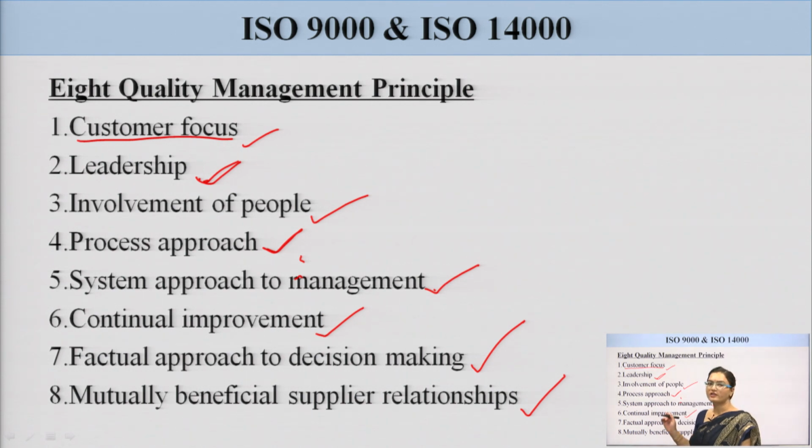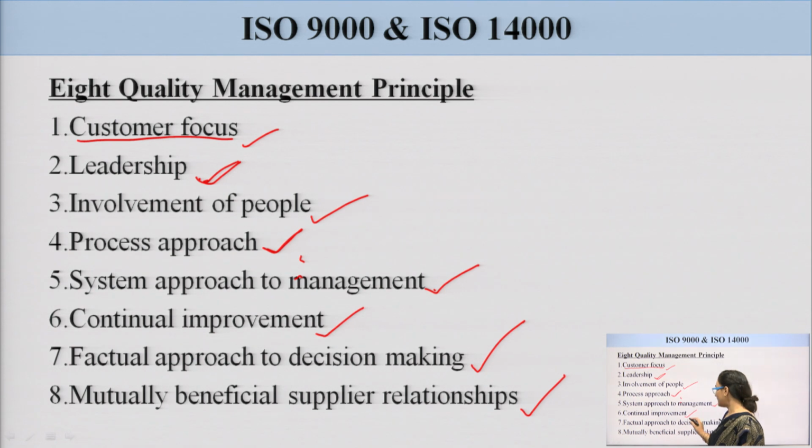Next is system approach to management. This principle mainly works on integration of correlated activities. And in this type of system, the common goal of each activity is to achieve a quality product.